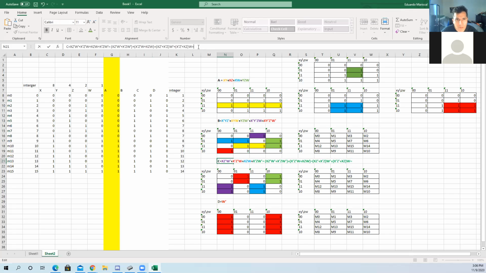I don't have the symbol here. Maybe I do. Let's see. Formulas.